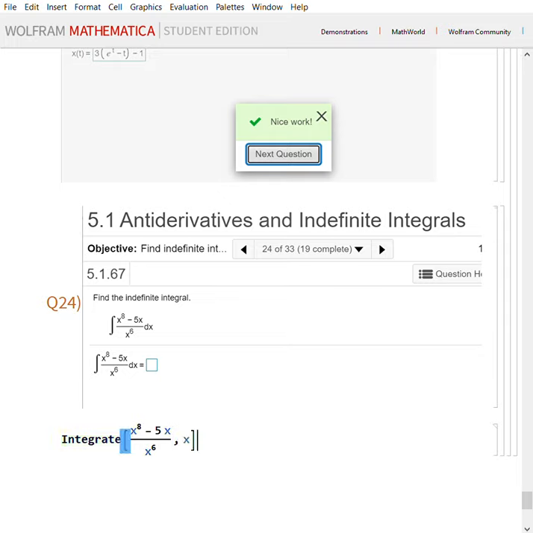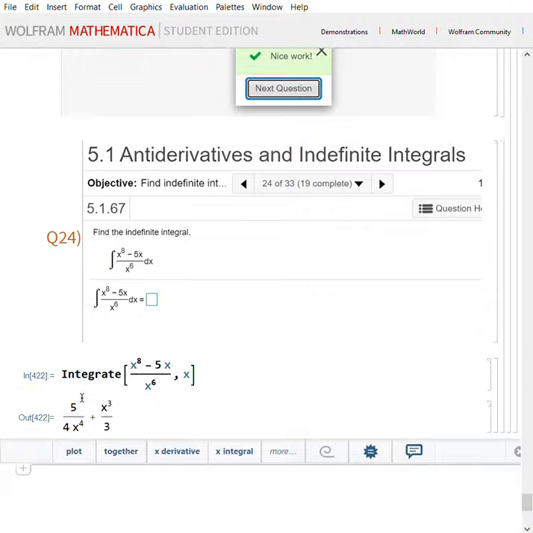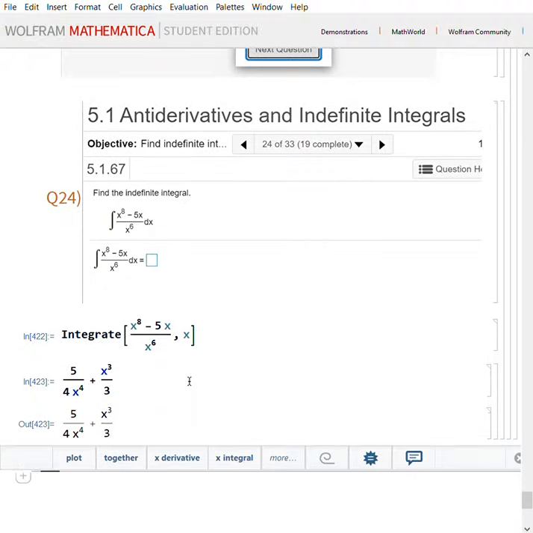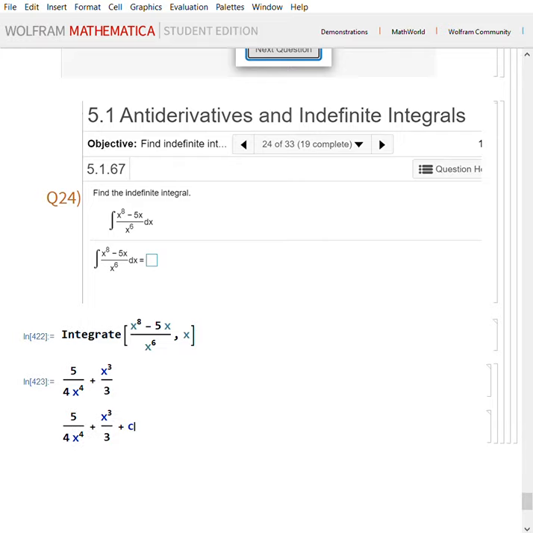Shift x, which tells it what you're integrating for, shift enter, and this here should be your integral. Of course, don't forget to add the arbitrary c, so plus c. And this here should be your y of x, or whatever you want to call it, f of x.